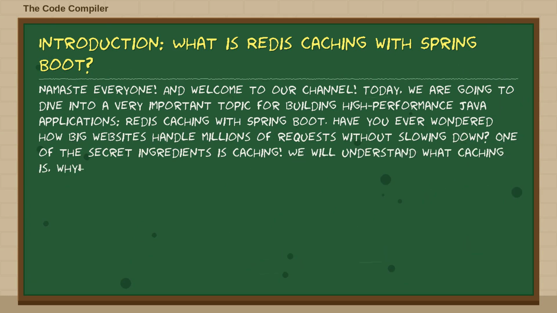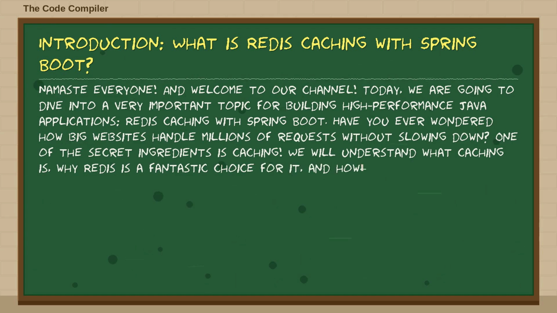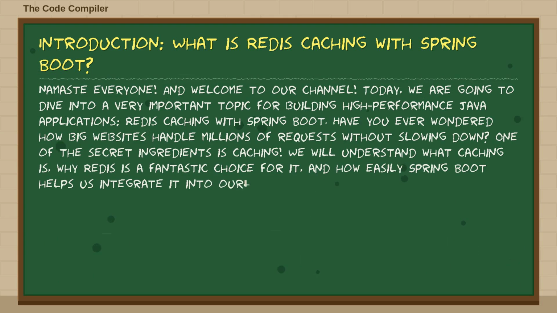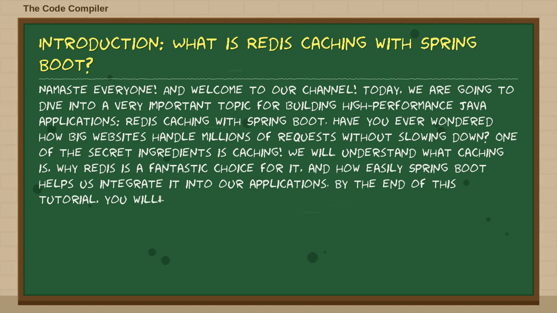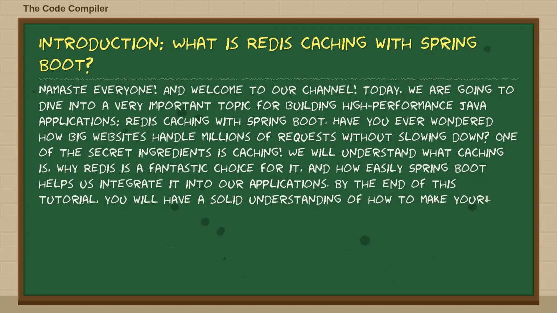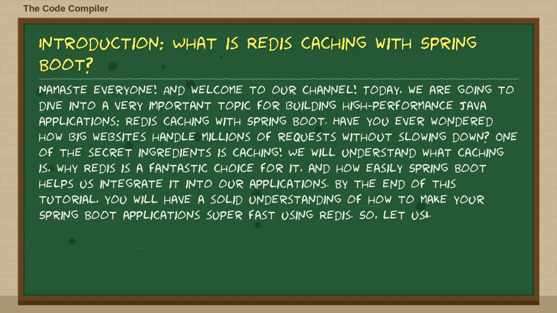We will understand what caching is, why Redis is a fantastic choice for it, and how easily Spring Boot helps us integrate it into our applications. By the end of this tutorial, you will have a solid understanding of how to make your Spring Boot applications super fast using Redis. So, let us get started on this exciting journey.